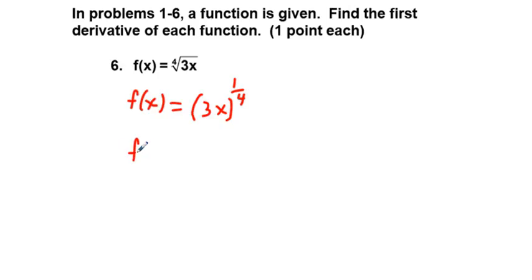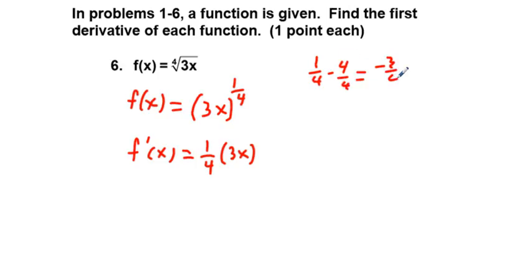So f prime of x is, we take this 1/4 out front times 3x, and we have 1/4 minus 1, which is 1/4 minus 4/4, which is going to be negative 3/4. So we have to the negative 3/4 power up here as an exponent.